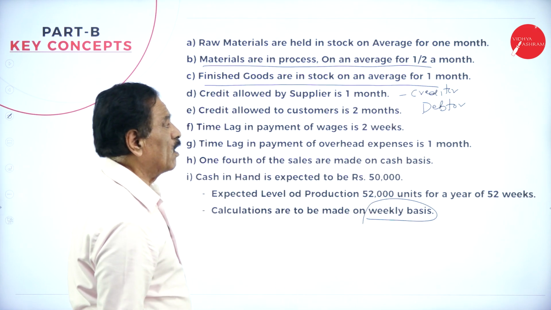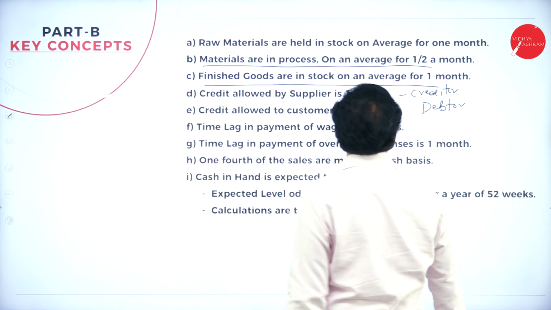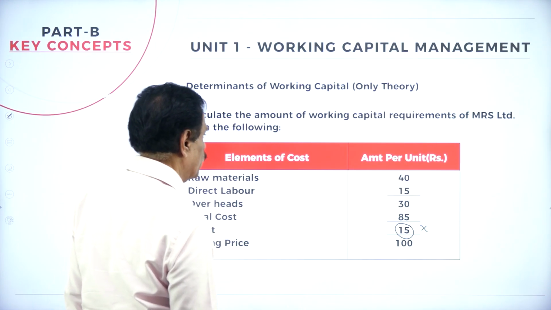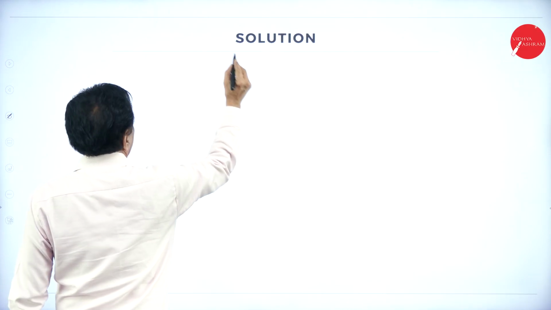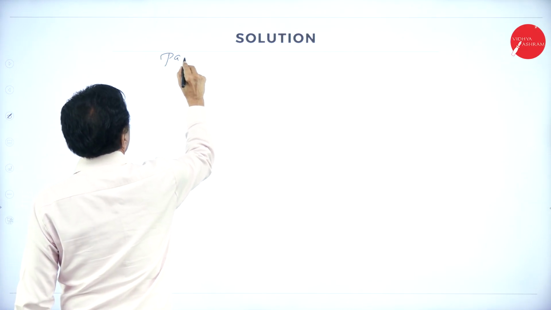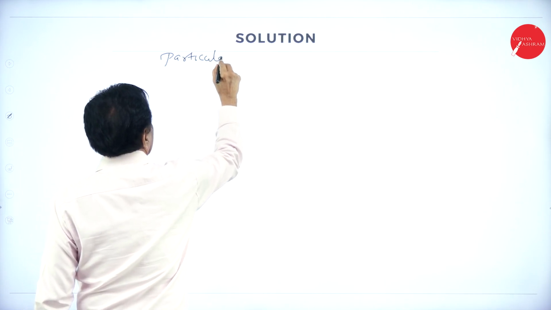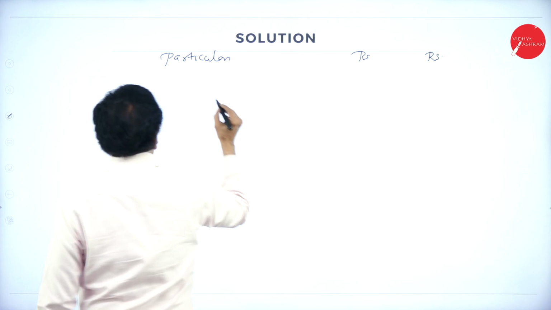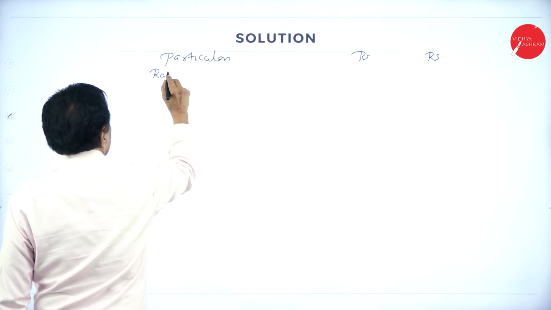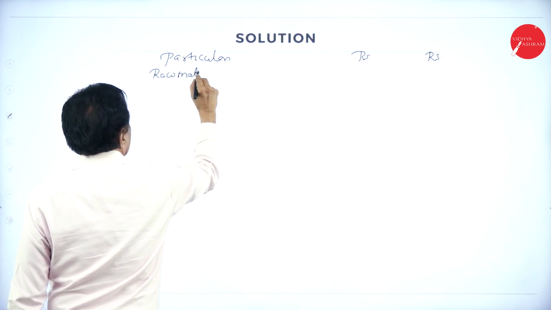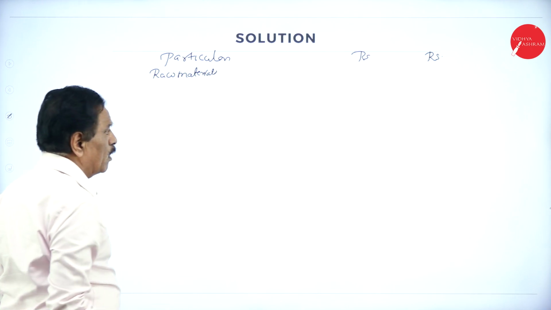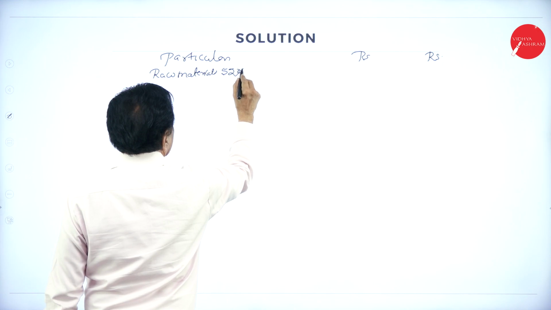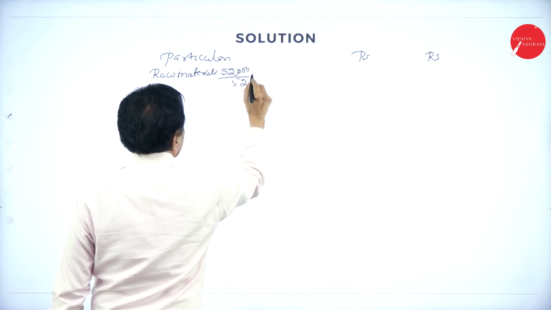Raw material held in stock an average of 1 month, he says. Working capital, particulars, rupees. Raw materials: 52,000 divided by 52.